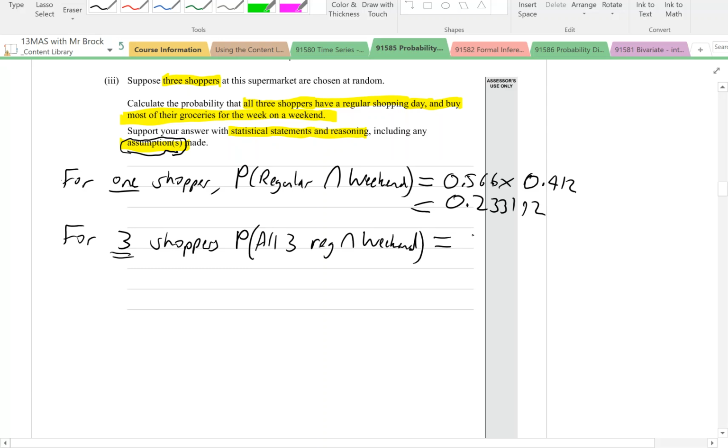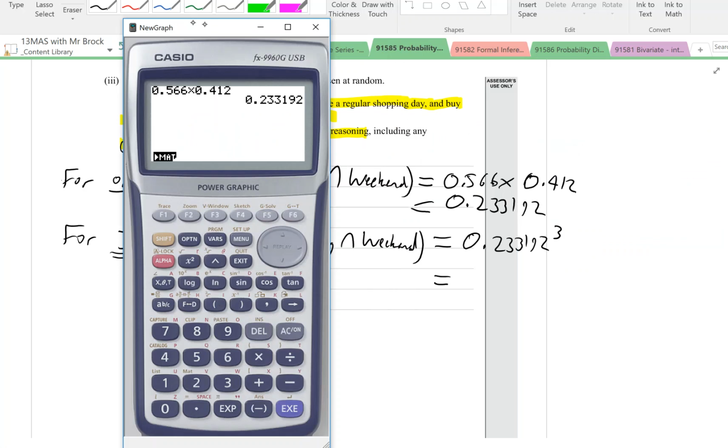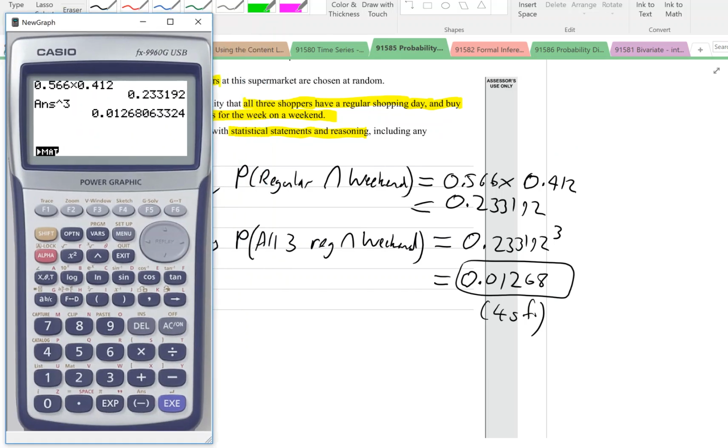So it's going to be 0.233192 to the power of 3. And we get this number here. We can round it now because it's the end. So 0.01268 to 4 significant figures.